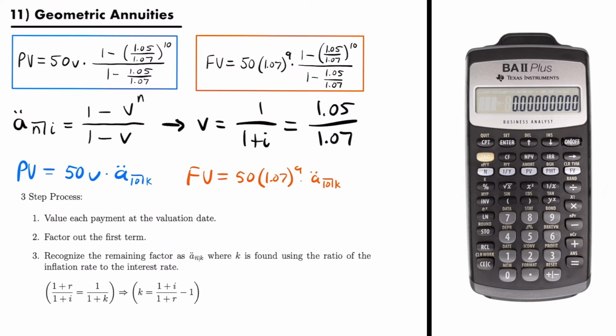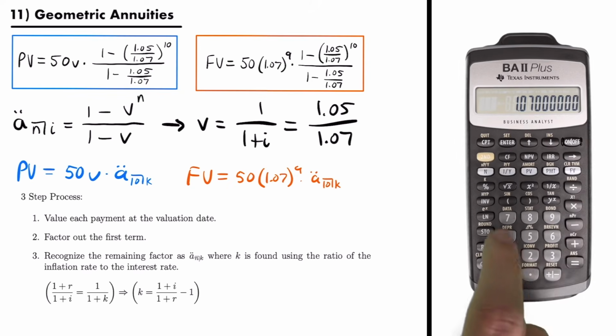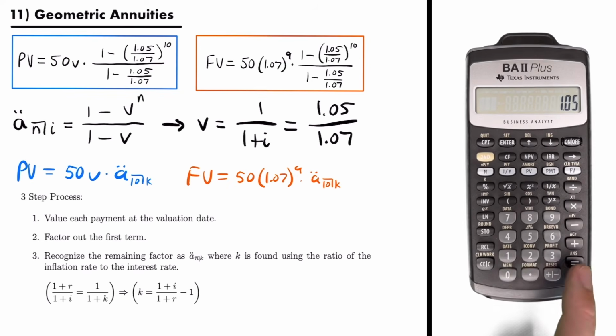In a geometric annuity, your payments increase by a certain percentage known as the inflation rate, which is 5% in this case. All right, so let's take 1.07, which would be 1 plus I, and divide it by 1.05, which would be 1 plus R. So we'll have 1.07 divided by 1.05, and I'll hit equals.